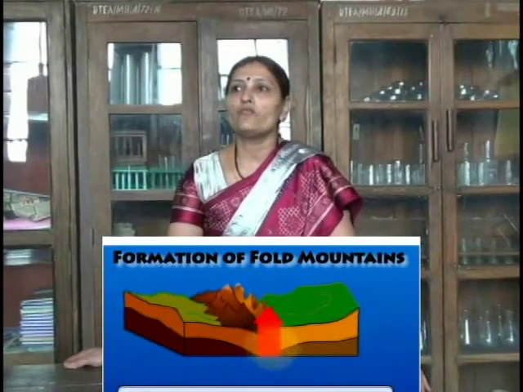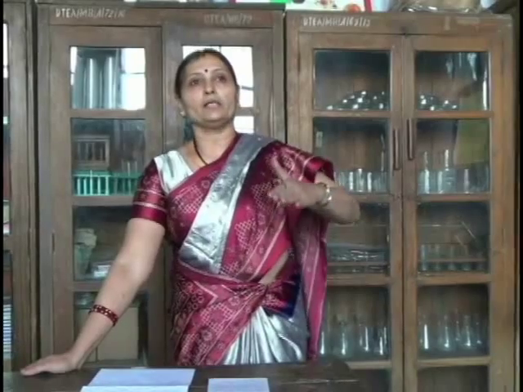Our Himalayas in India are the best example of fold mountains. The Himalayas were elevated from the ocean. That is why you will find marine fossils on the top of the Himalayas.